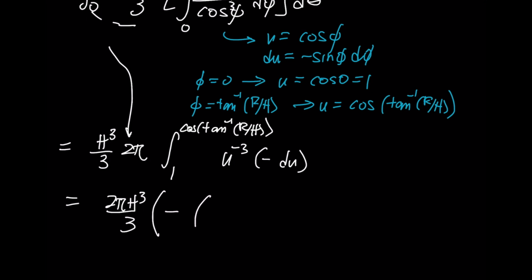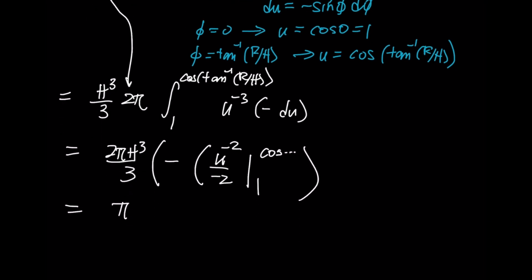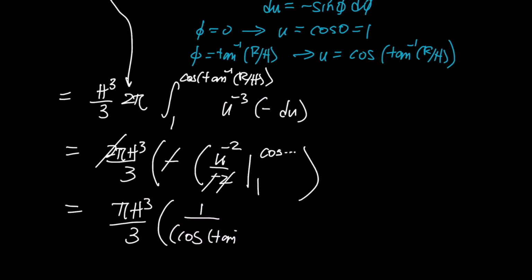We'll have a negative sign, and this will give us u to the minus 2 over minus 2, evaluated from those two limits. Pi h cubed over 3, this negative and that negative will go away, this 2 and that 2 will go away. 1 over the cosine of this inverse tangent of r over h squared, subtract 1.